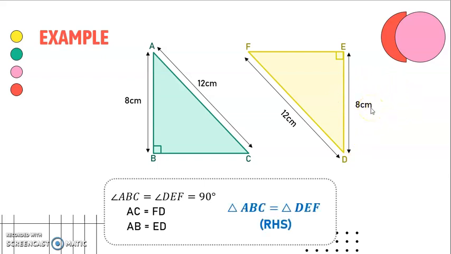So we can say that both of these triangles are congruent by using RHS. So that is how you prove triangles are congruent, by using the four methods. You can choose any of the four.